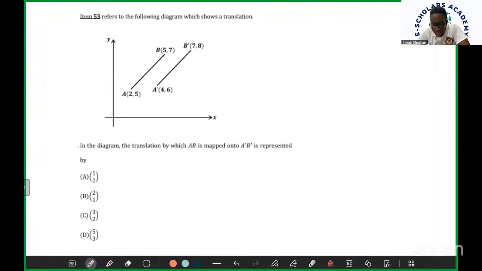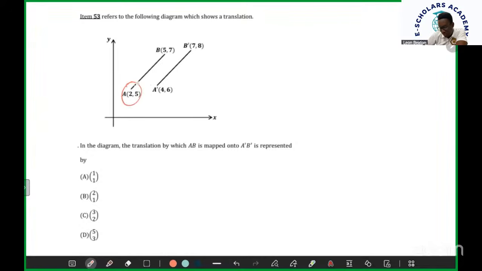All right, so this one, item 53. Item 53 for us refers to the following diagram, which shows a translation. In the diagram, the translation by which AB is mapped onto A'B' is represented by? We can just choose any corresponding point.